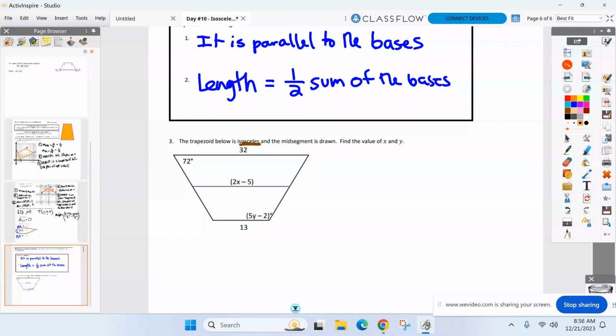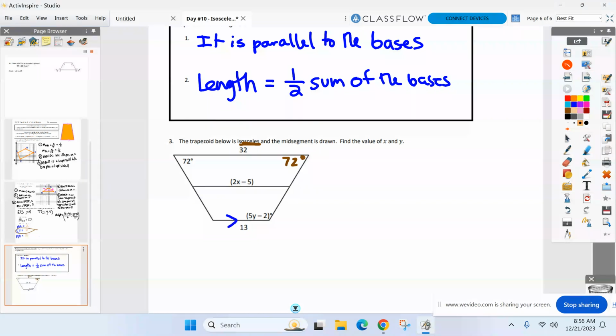I was trying to stress that this is isosceles because right now the 72 and the 5y minus 2 have no relationship. Isosceles means base angles are congruent, so that allows me to put a 72 here. Now 72 and 5y minus 2 have a relationship.